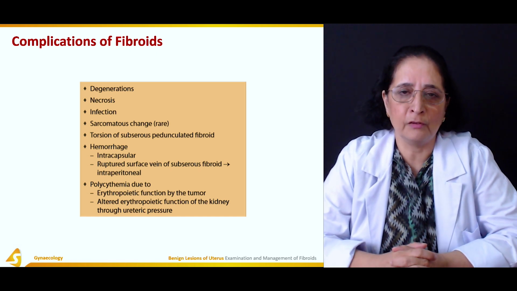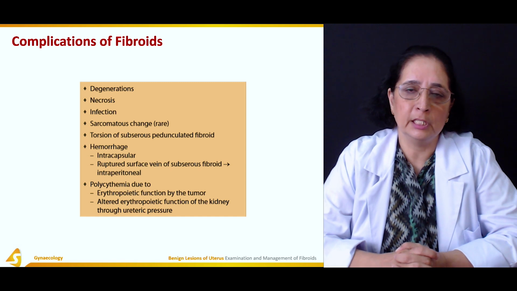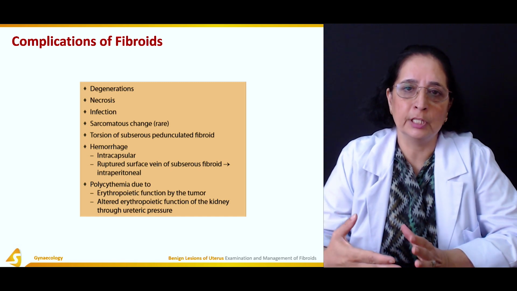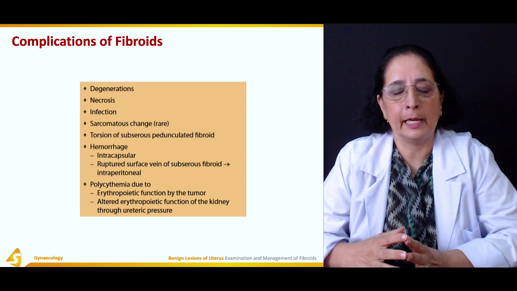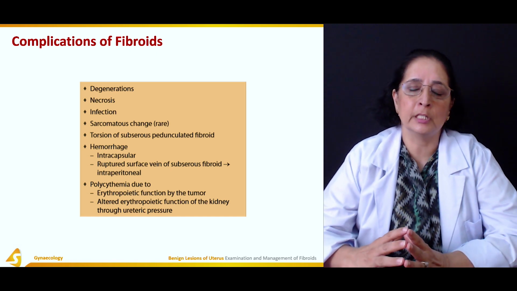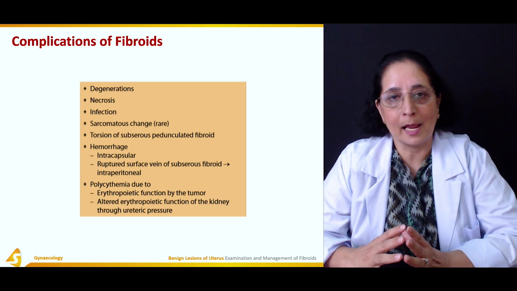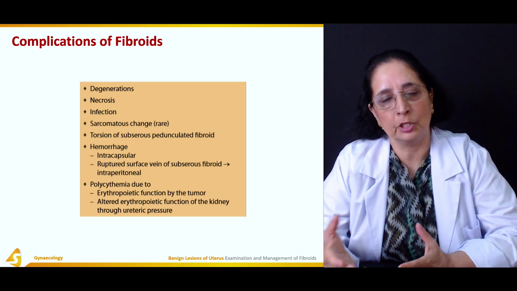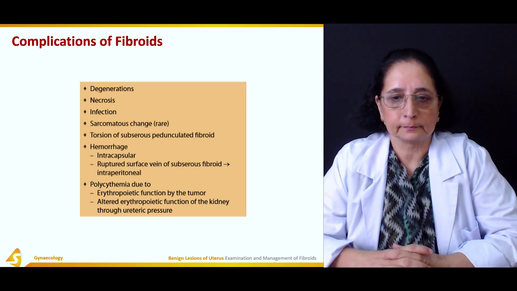Sarcomatous changes are rare, not very common, and lead to malignant changes, like in the embryonic tissue or cells. So sarcomatous changes might occur, but it's not as common as other complications of the fibroids.